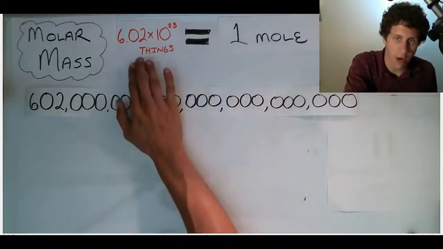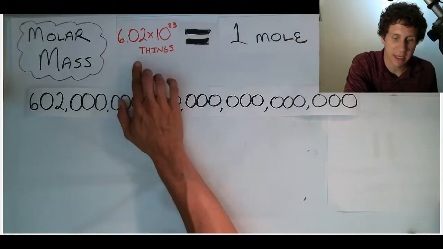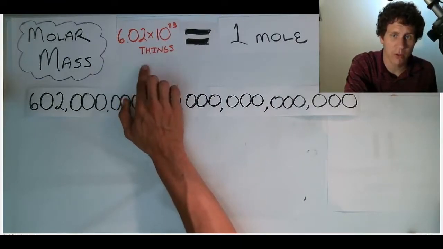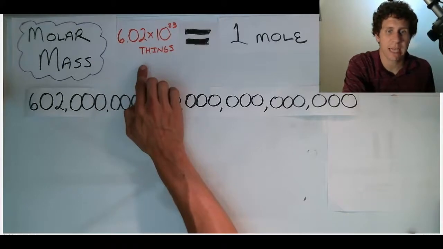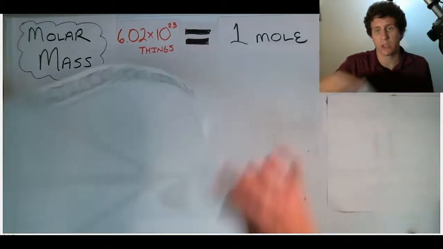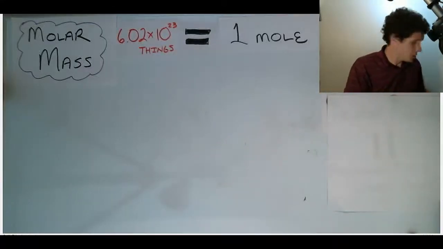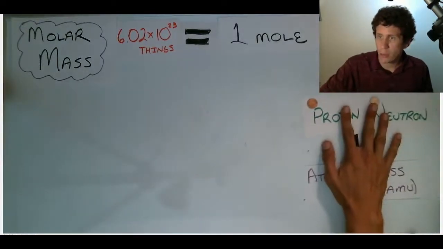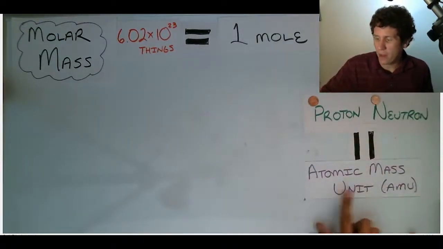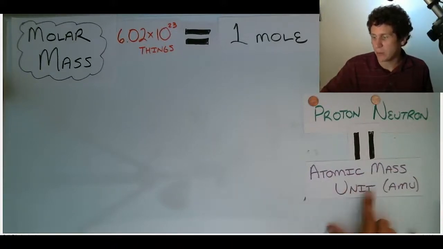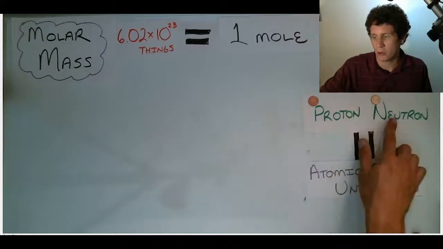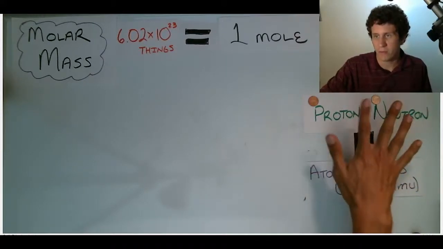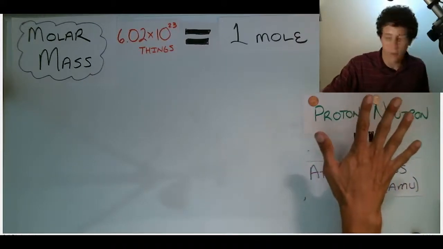This is an important concept to have because this number is huge. So it really only applies to things that are very, very tiny, like atoms or protons or neutrons. We also talked about the idea that neutrons and protons have a mass of 1 atomic mass unit. We've defined an atomic mass unit as the approximate weight of a proton or neutron. They're not the same, but for what we're doing here, they're close enough.